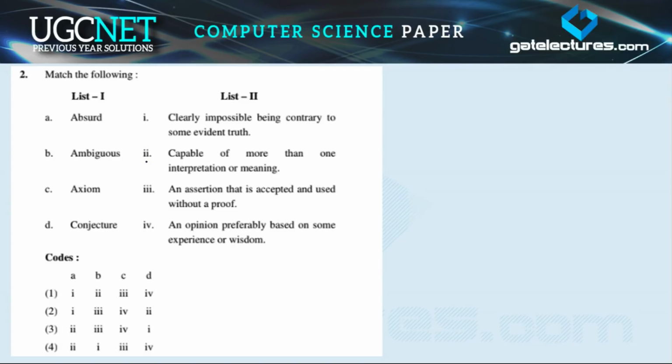Absurd means something inappropriate, illogical, and clearly impossible, being contrary to some evident truth. Conjecture is just opinion, preferably based on some experience or wisdom. These are just the meanings of the words, so you can do it yourself. There's nothing to explain here. So option 1 is the right answer.